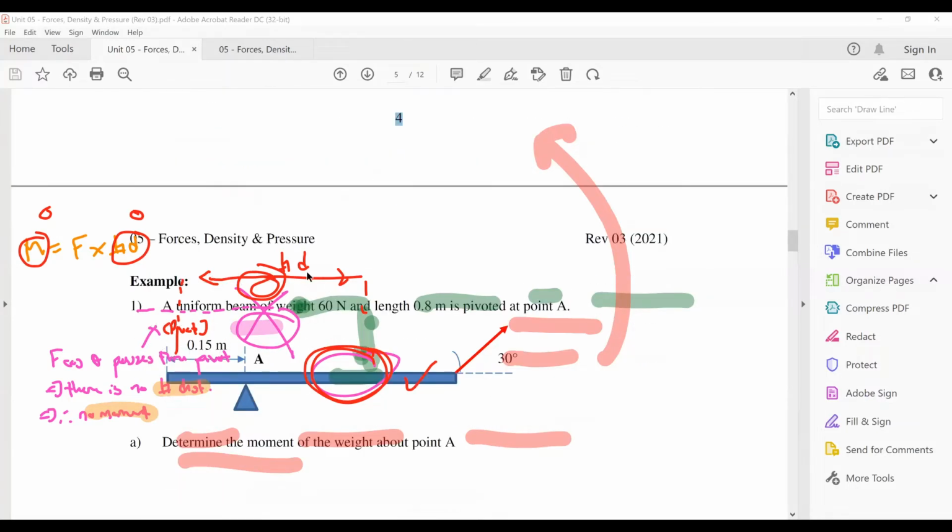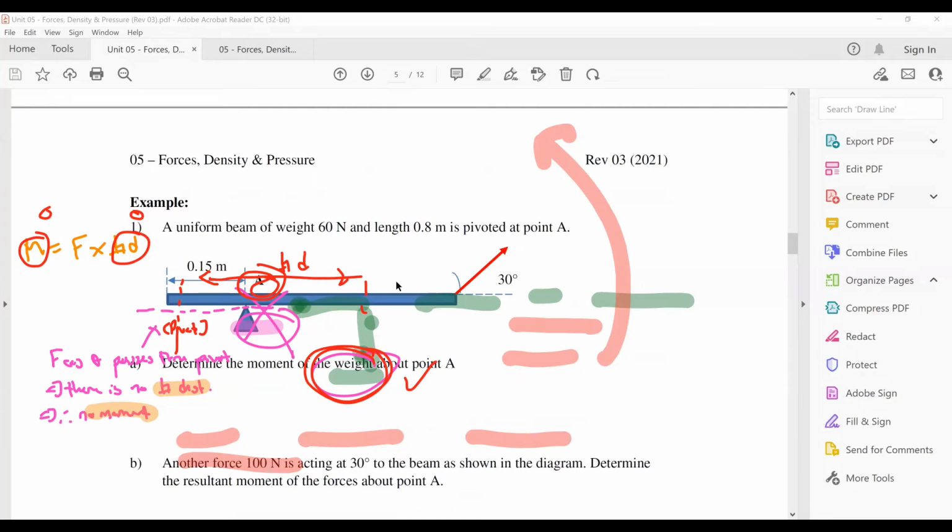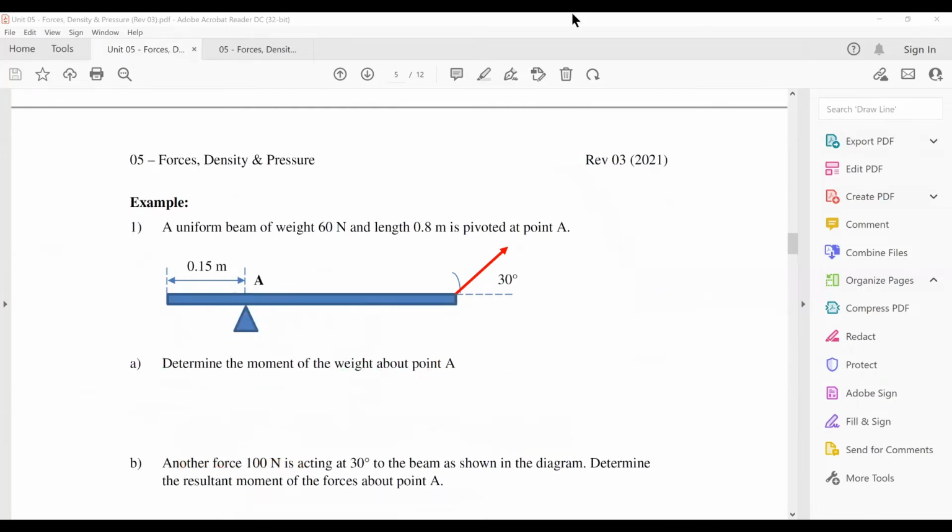Okay, so if you look at page 5, which is the next page on the examples, you have a uniform beam of weight 60 Newton and length 0.8 meter that is pivoted at point A. Determine the moment of the weight about point A. Okay, now there are some things here that you need to realize.